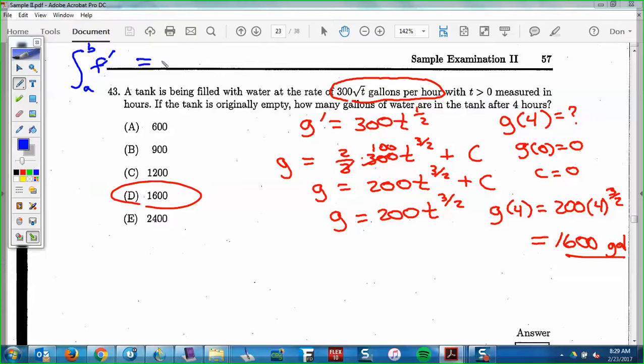The integral of f prime, according to fundamental theorem part 2, is what? F of b minus f of a. Now think about that. A and b are the endpoints, and let's say f prime is a rate, gallons per hour. Then what's f? So isn't this gallons when?